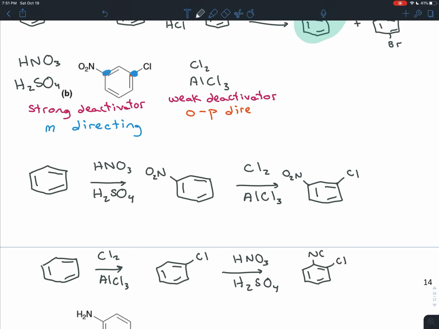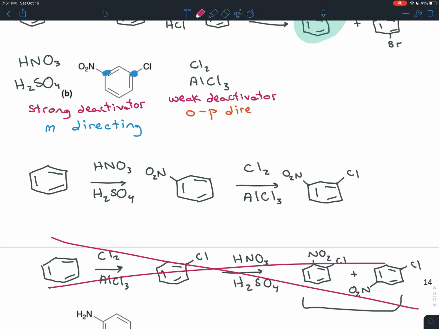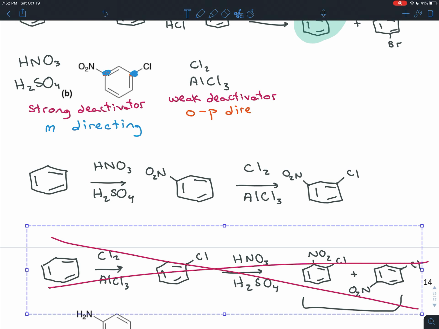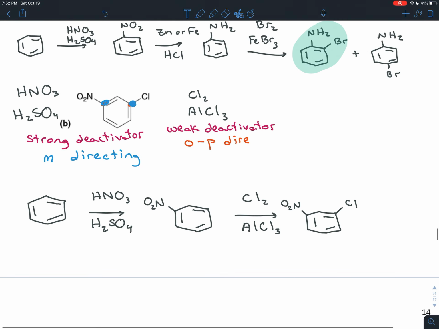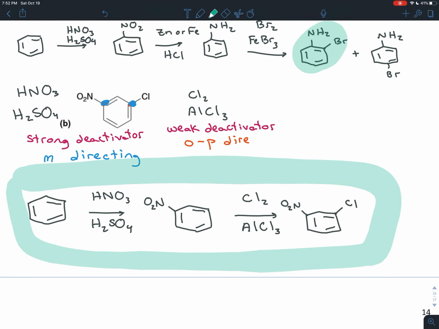One would be the nitro group on the ortho position, and one would be the nitro group on the para position. And because chlorine is ortho-para directing, neither of those is the product that we want. We want the meta product. And so you would not be able to do that synthesis. You have to add the nitro group first. And so this top synthesis is the one that would give you your desired product.